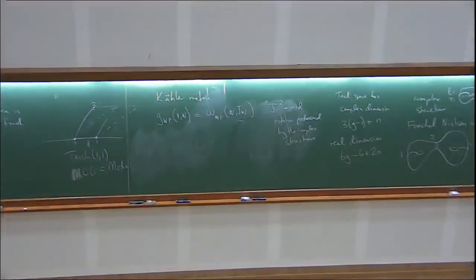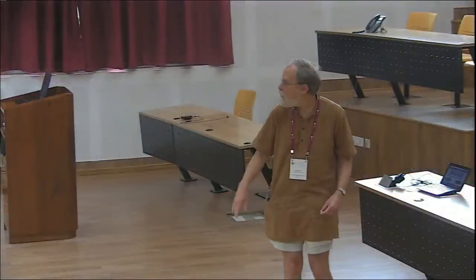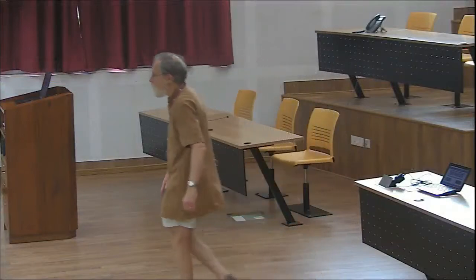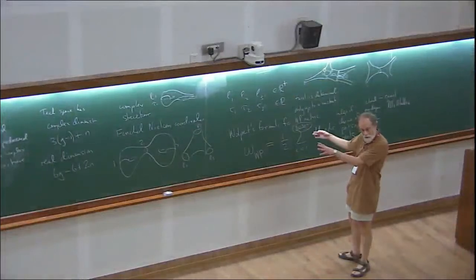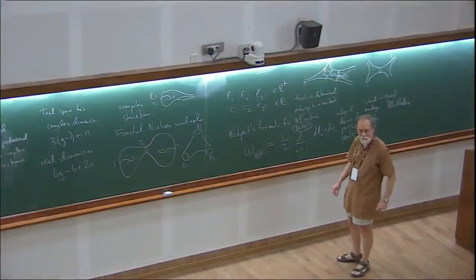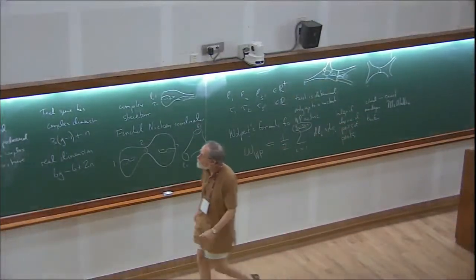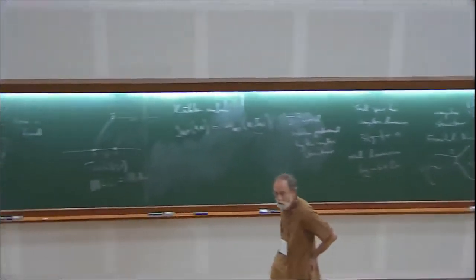That is a complex structure. It's not the one we're using here. Life is not like that. So this formula makes the form very visible. The complex structure is kind of hidden.